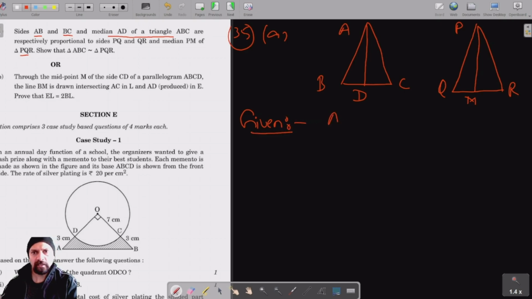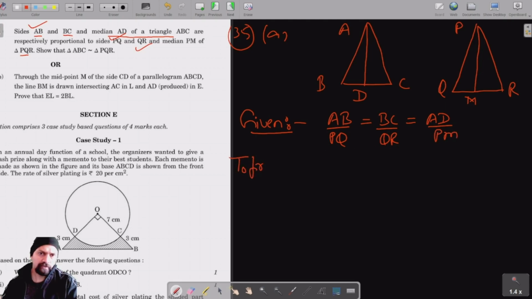given that side AB and PQ are in proportion, and side BC and QR are in proportion, and median AD is in proportion with median PM.